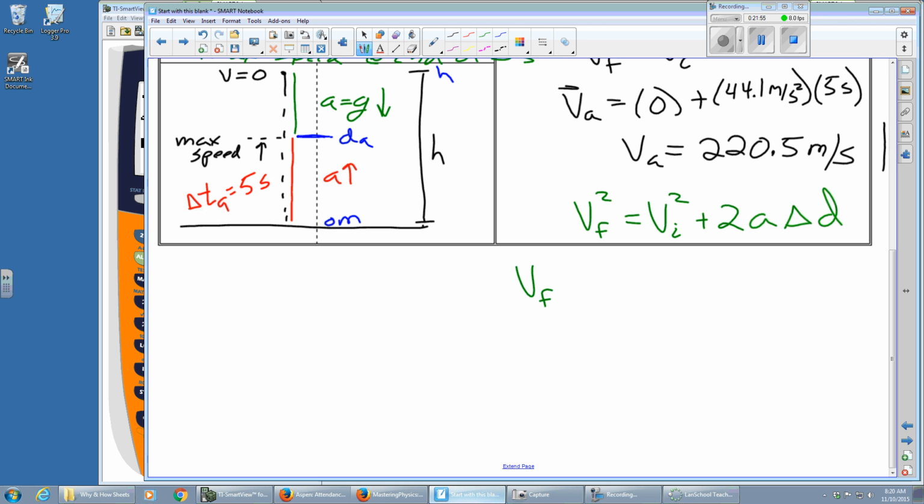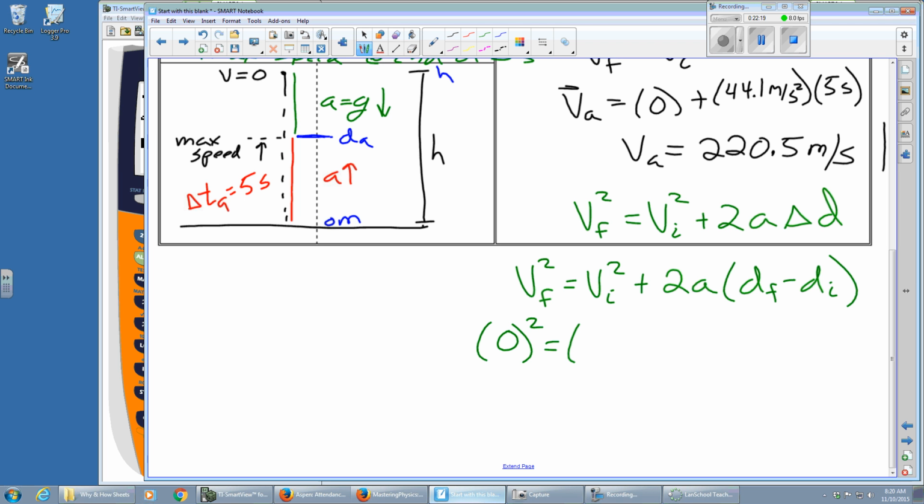And you can do one expansion on it just to help myself out: 2a times d final minus d initial. My velocity final is 0, because that's how fast it is at the top. My velocity initial is 220.